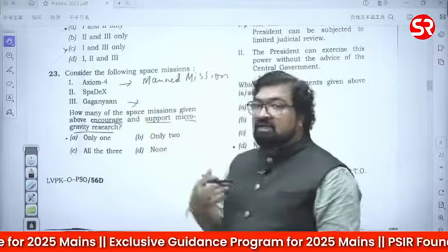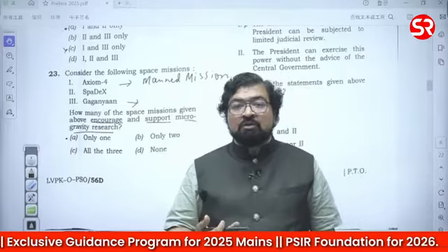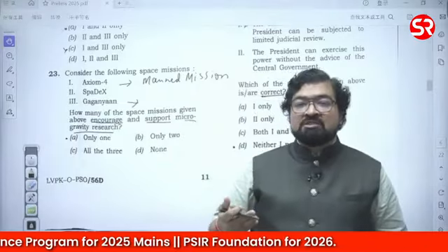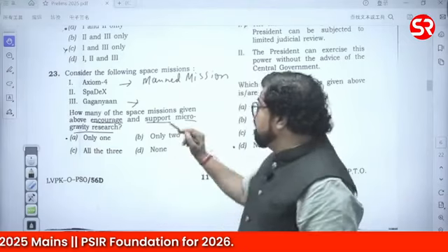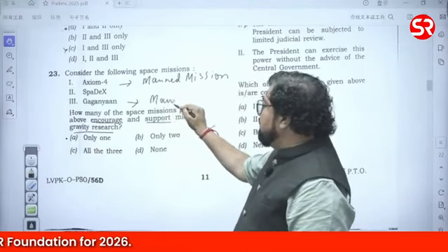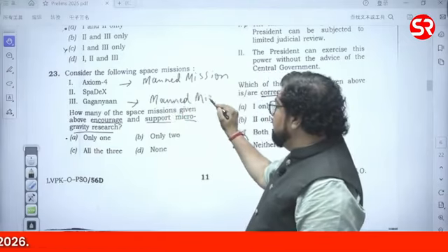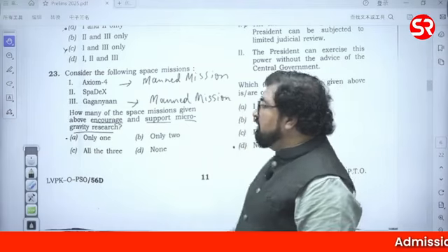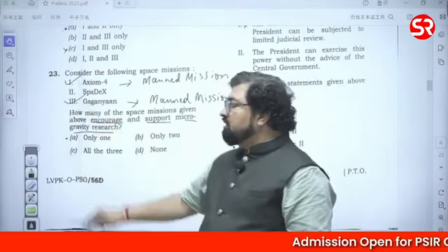Now, Gaganyaan is India's indigenous, our own ISRO space program for human space flight. That is also a manned mission, and we are also going to conduct experiments in zero gravity or microgravity. So 1 and 3 are correct.